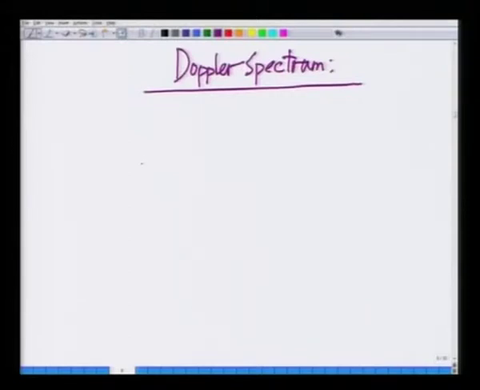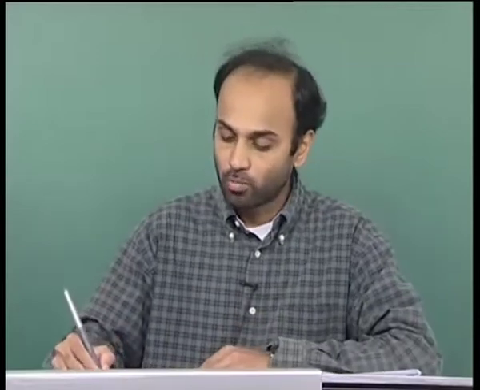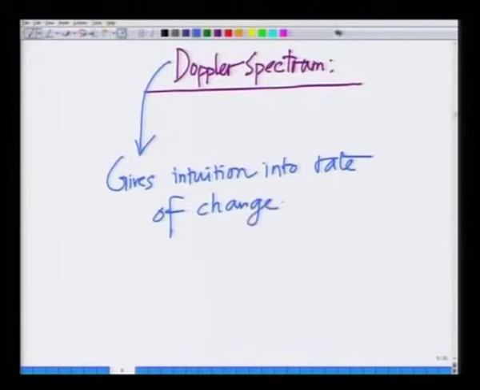First, I want to compute the Doppler spectrum, because it gives me a clearer idea, an intuition into the rate of change of the 3G 4G wireless channel, of how fast or how slow the channel is varying with respect to time.